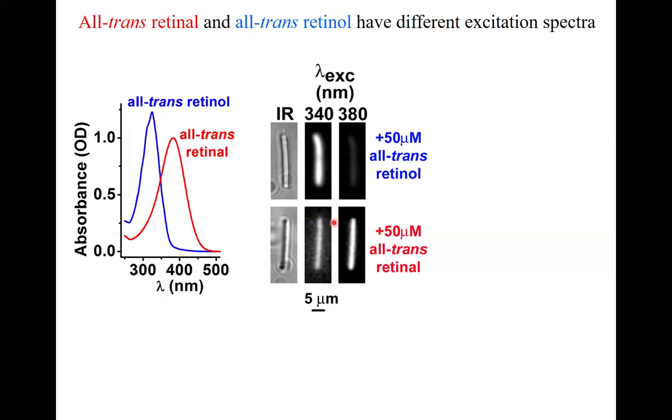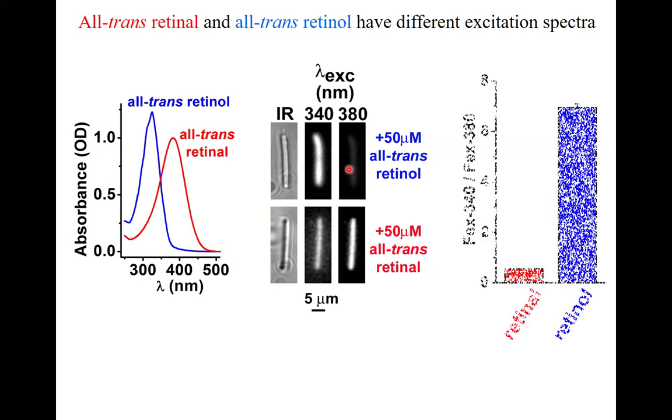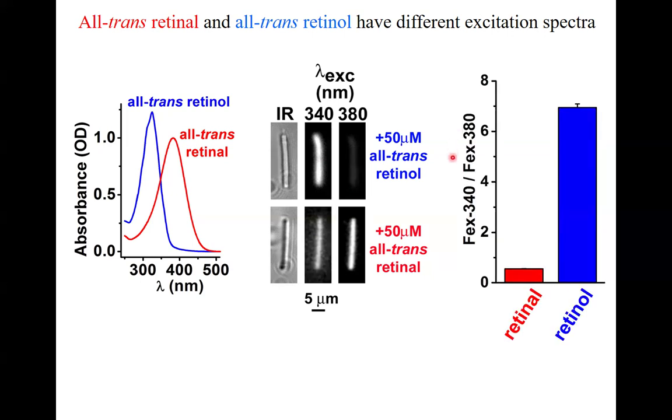What is important here is that we can measure the intensities and the ratios of excitation by 340 over excitation by 380. This is shown here. This is the ratio of 340 over 380: this is the ratio for retinal, and this is the ratio for retinol.